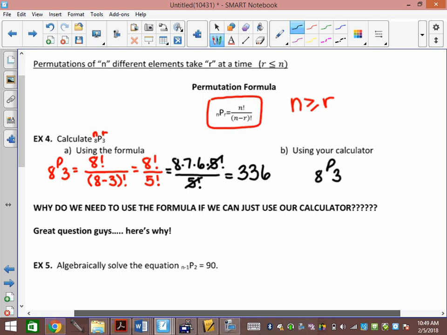Did you get 336? The next statement is bolded, capitalized, and question marked because that is exactly what's going through your head right now. Why do we need to use this formula if we can just use our calculator? Extremely large yelling in your head with a whole bunch of question marks, right? Great question, guys. Here's why.